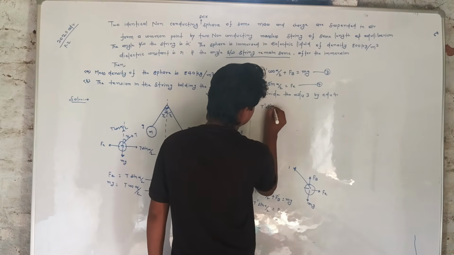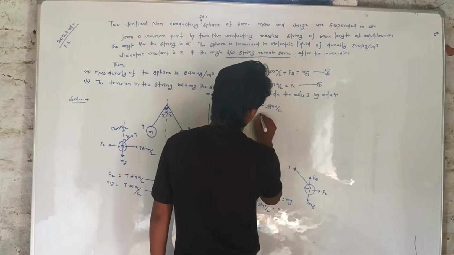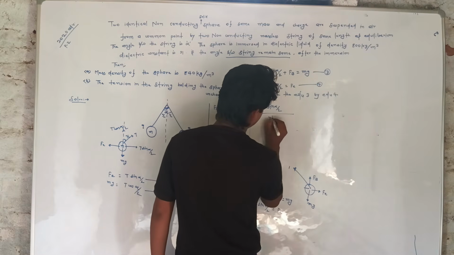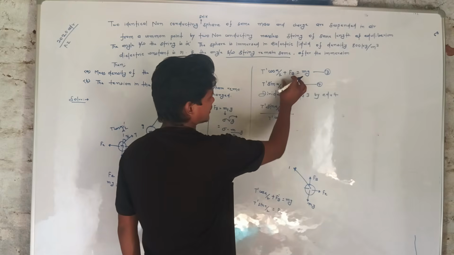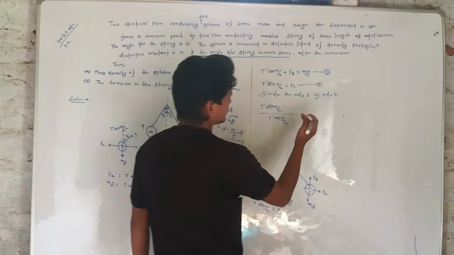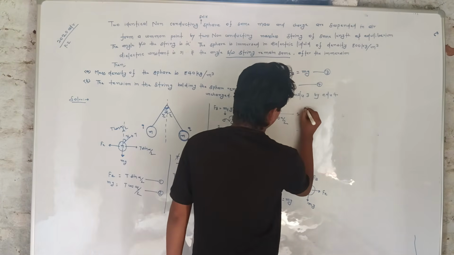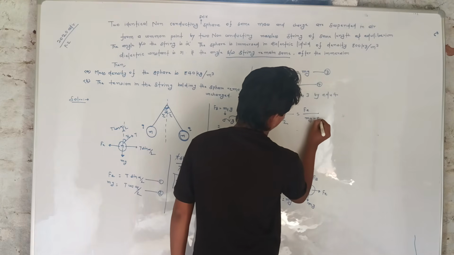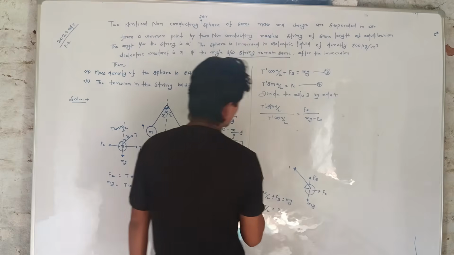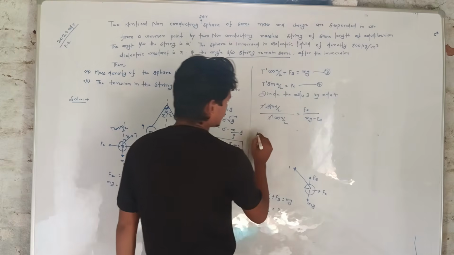T dash sin alpha by 2 upon T dash cos alpha by 2. Here plus Fb we take to the right hand side, that is mg minus Fb. So Fe, the electrostatic force, upon mg minus Fb. From here T dash and T dash cancel out.